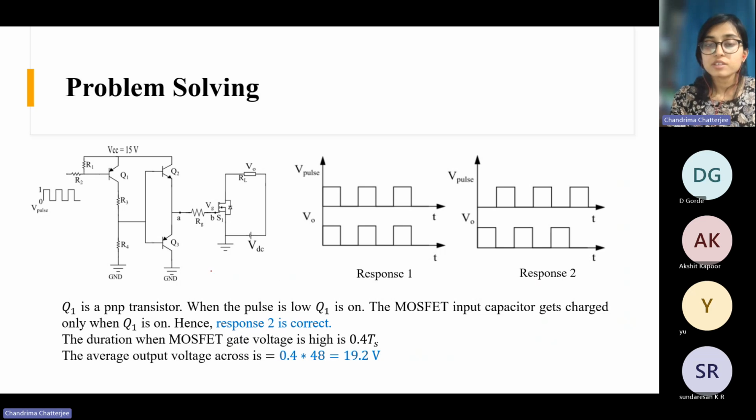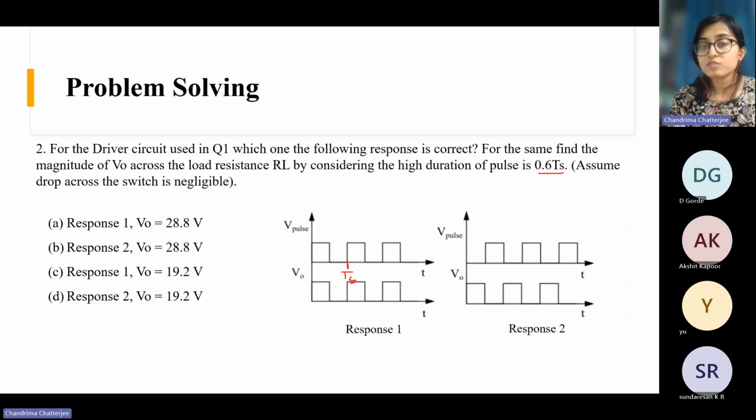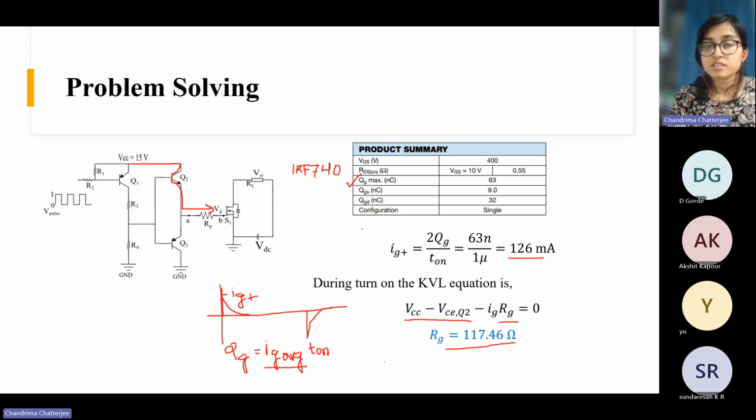First of all, we will not see the solution. We will try to see how we can come to the solution logically. See here, in this circuit, we know when Q2 is on, we can get the gate drive current via Q2.